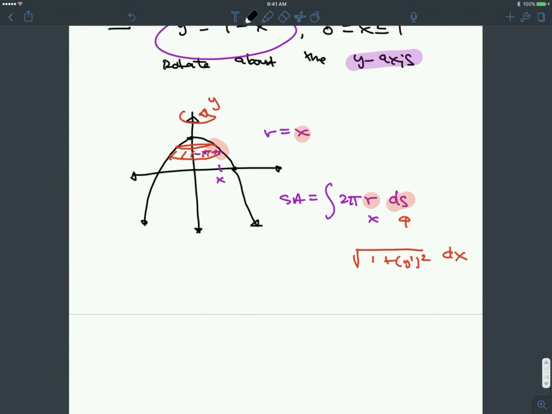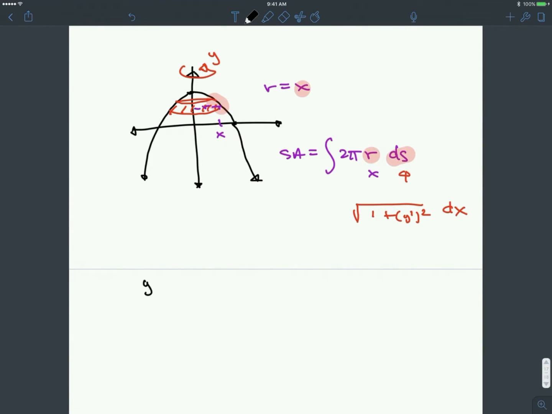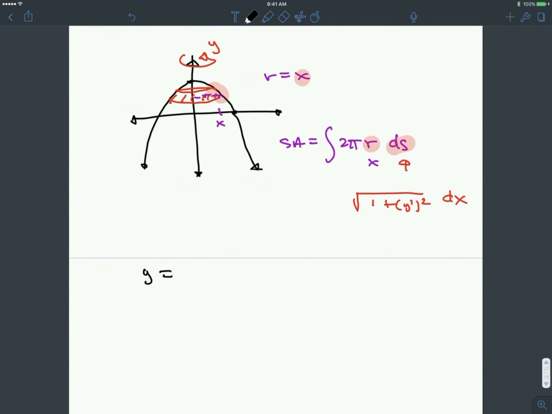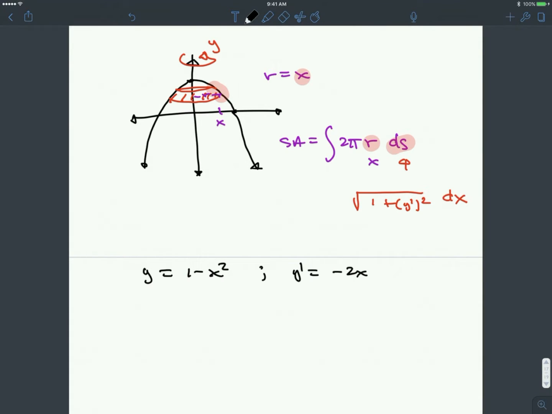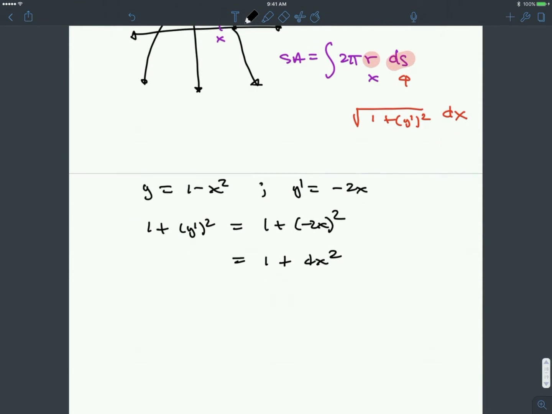So let's see what we have now. We know that y is 1 minus x squared, and y prime gives us negative 2x. 1 plus y prime squared is 1 plus negative 2x squared, or 1 plus 4x squared.